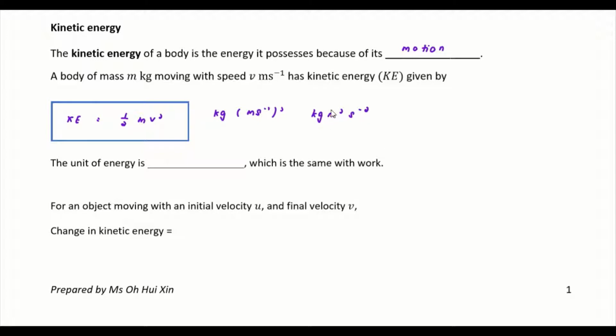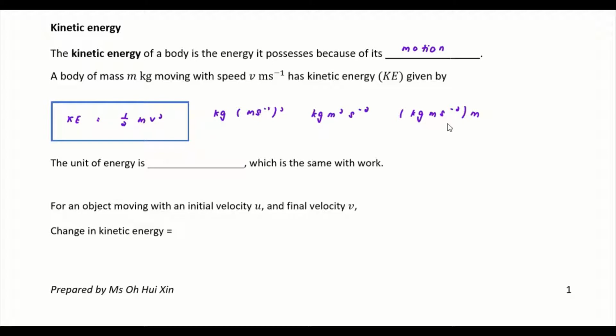Now let's take out one m so that we have kg meter per second squared, and then meter. What you realize here is that kg meter per second squared is the mass and the acceleration. So this is ma, and we know that force equals ma.